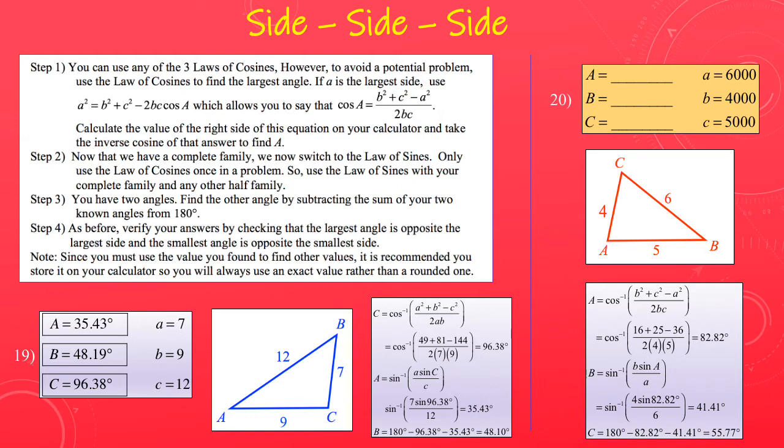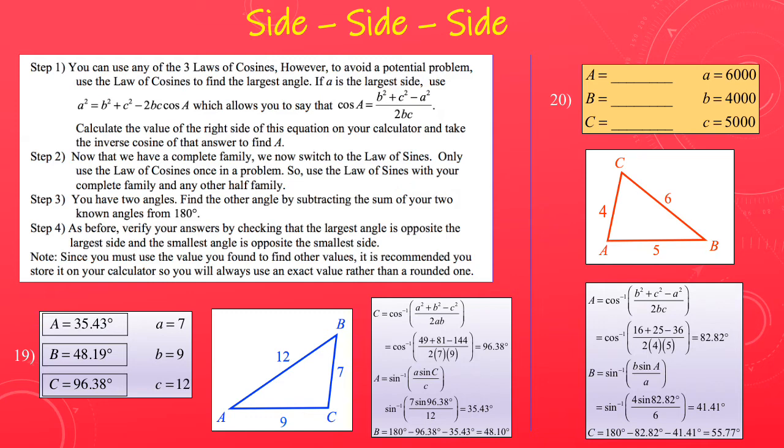It doesn't matter which angle we go for next. We'll go for angle B, and that becomes the inverse sine of b sine A over a, or the inverse sine of 4 sine of 82.82, which we stored, over 6, and we end up getting 41.41 degrees.